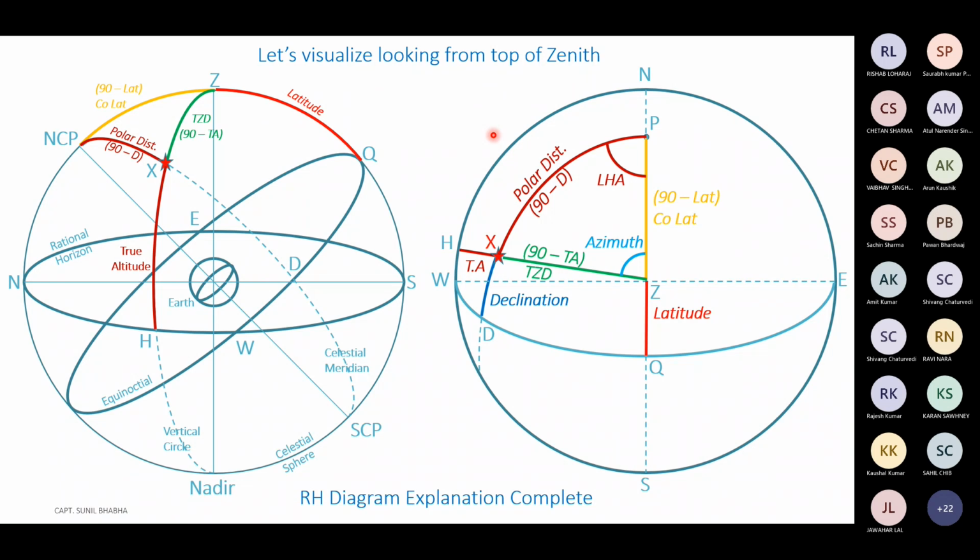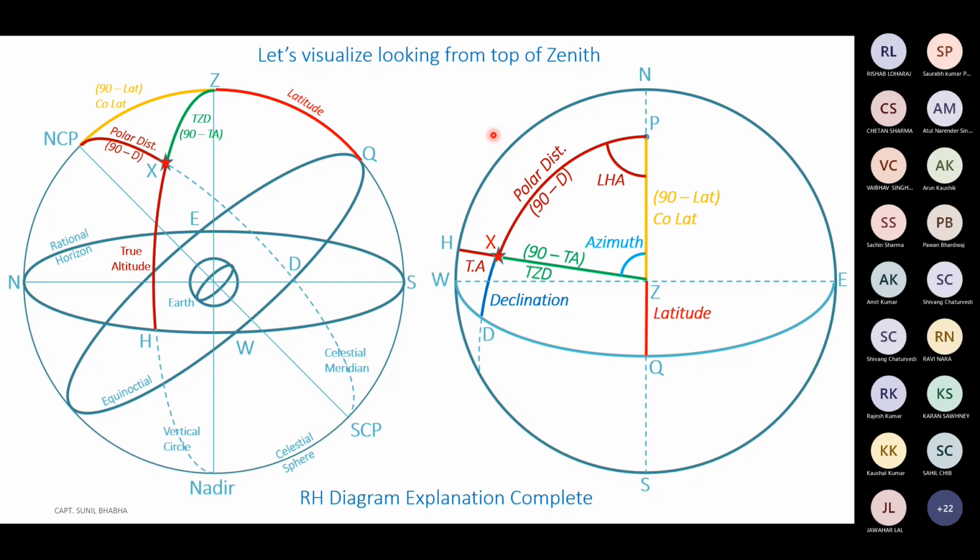Whatever information is provided to us will allow us to use either the cosine formula or Napier's rules, and we will be able to find out everything else. The remaining parts, whatever is missing, can be calculated using the cosine formula and Napier's rules. So this is the concept which we use in rational horizon based questions.